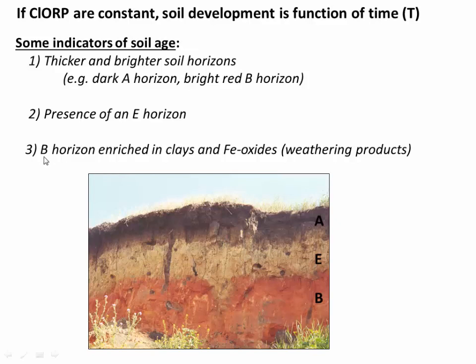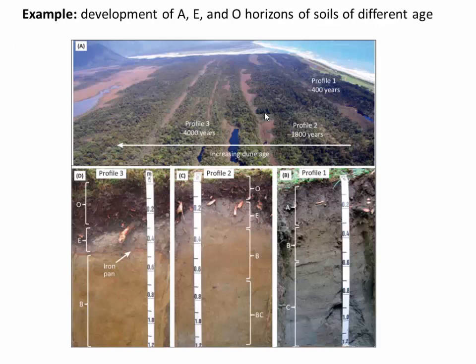And of course, we may develop a B horizon that's going to be enriched in clays and iron oxides and other weathering products. So essentially, as time goes by, the soil horizons become more prominent and better developed. So here's an example of that.